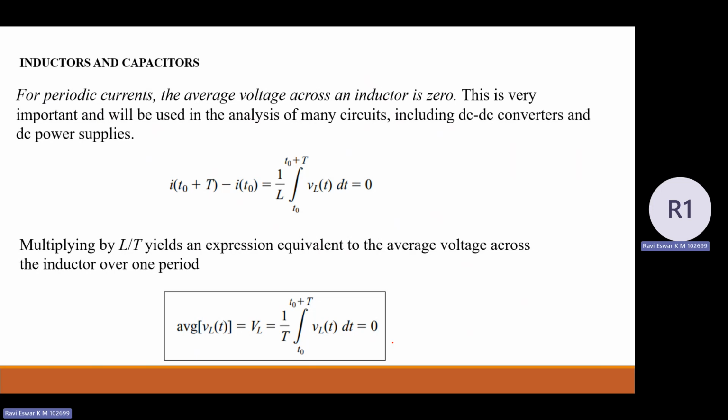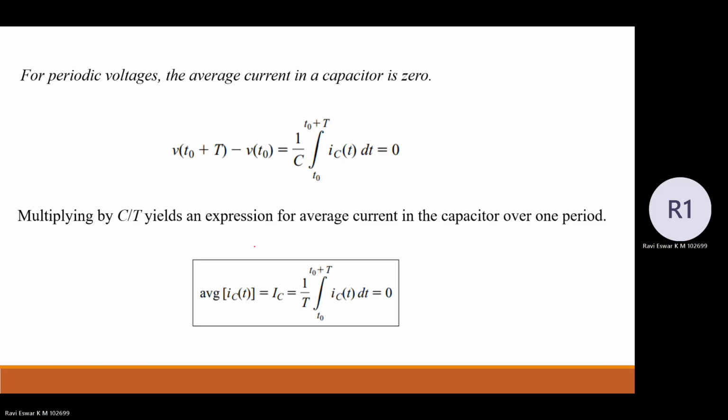Similarly, for the capacitor, the average current through a capacitor over one period is equal to 0. We know I equal to C dV by dt, so dV equal to 1 by C into I dt.